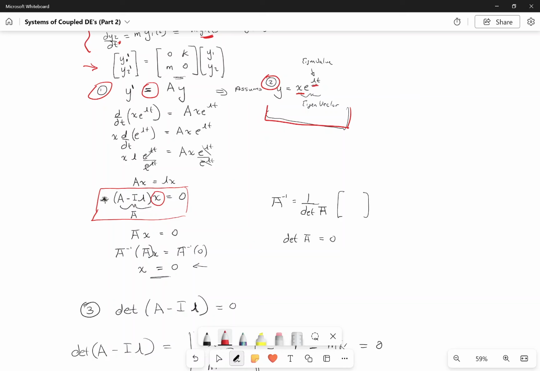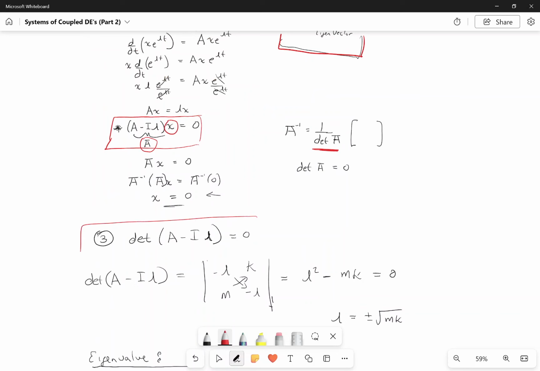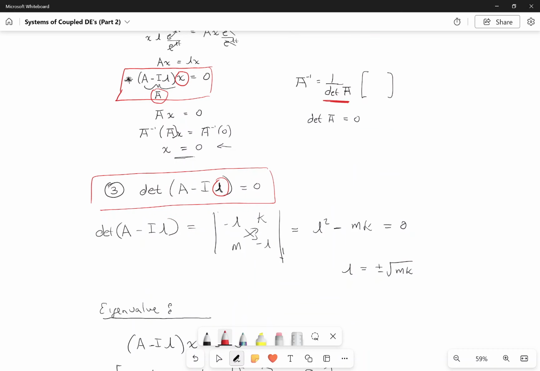For that to be true, we grab this matrix, and we don't want an inverse to exist, so we want the determinant of this matrix to be equal to 0. That's where this equation comes in. Just like when we studied eigenvalues and eigenvectors, we solve for the lambdas. Now this is a 2 by 2, so taking the determinant generates a quadratic equation, and there are going to be 2 eigenvalues.